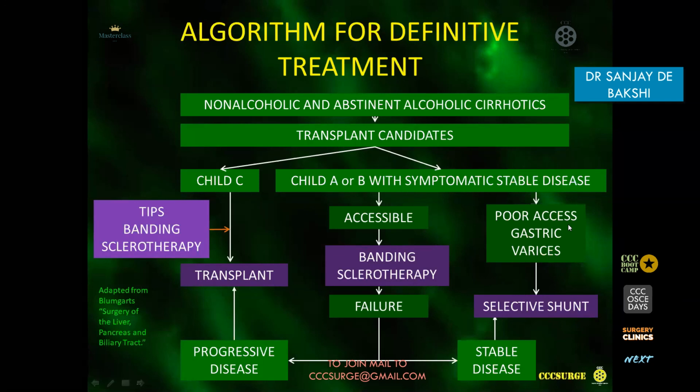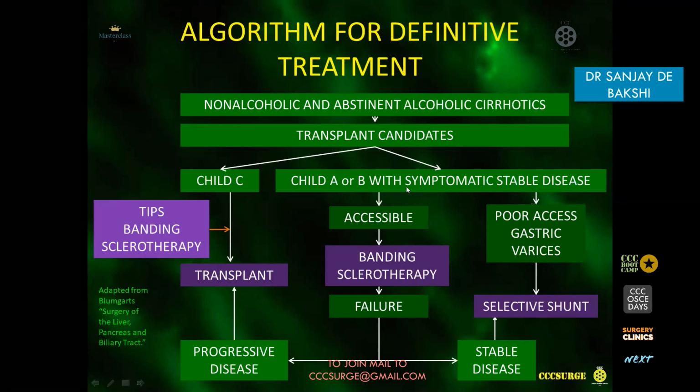I had the very unfortunate episode of having to manage a person with a very narrow esophagus because the injection was given circularly, not in a spiral fashion. Or the patient has gastric varices, and gastric varices can't be banded. Sclerotherapy doesn't work. You have to use cyanoacrylate glue, and that's the treatment you do for gastric varices. So if you have poor access or gastric varices, you do a selective shunt.